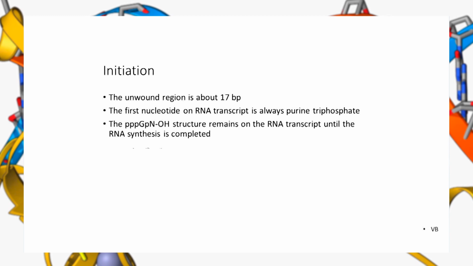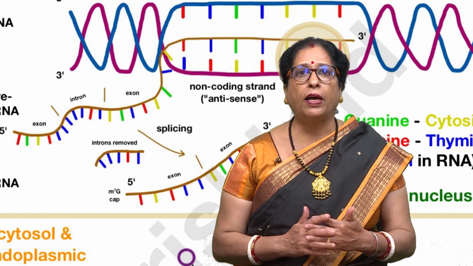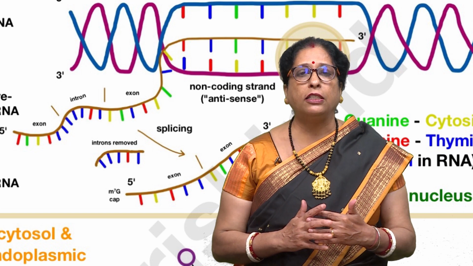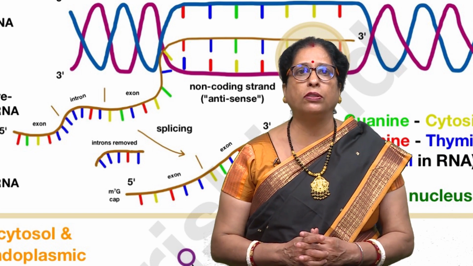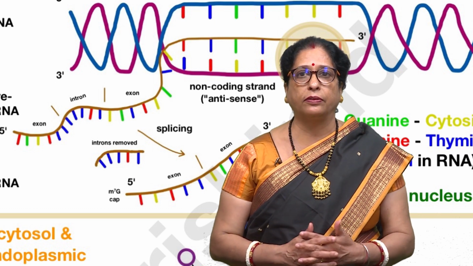No primer is needed for RNA synthesis. The sigma subunit falls off from the RNA polymerase once the first 3' 5' phosphodiester bond is formed. The core enzyme moves along the DNA template to enter the elongation phase.